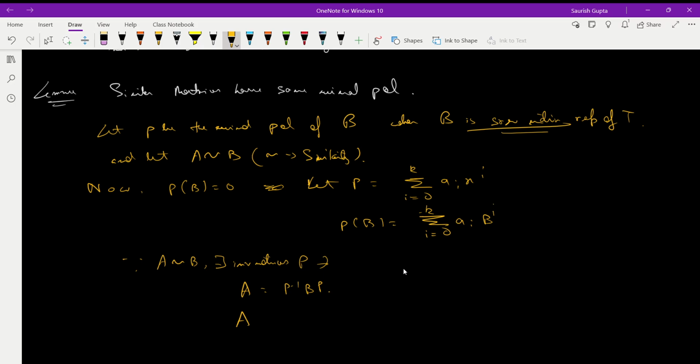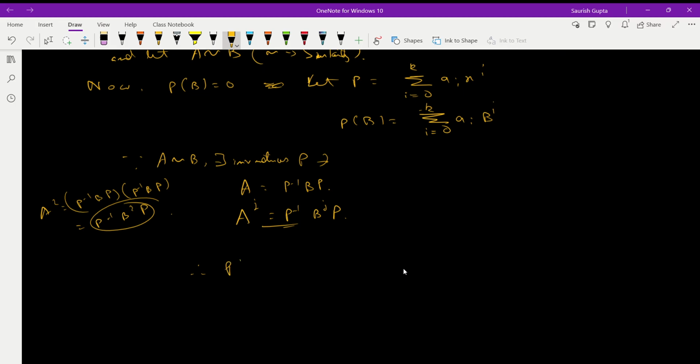Then since A and B are similar, there exist an invertible matrix P such that A can be written as P inverse B P. And I think this is pretty trivial to notice that A to the power j is P inverse B to the power j P, right?